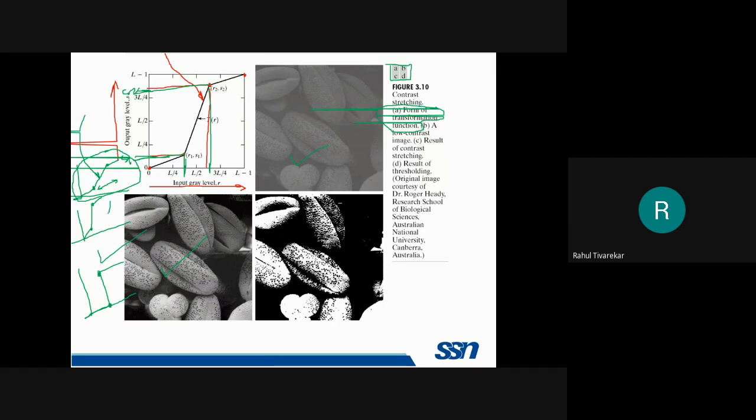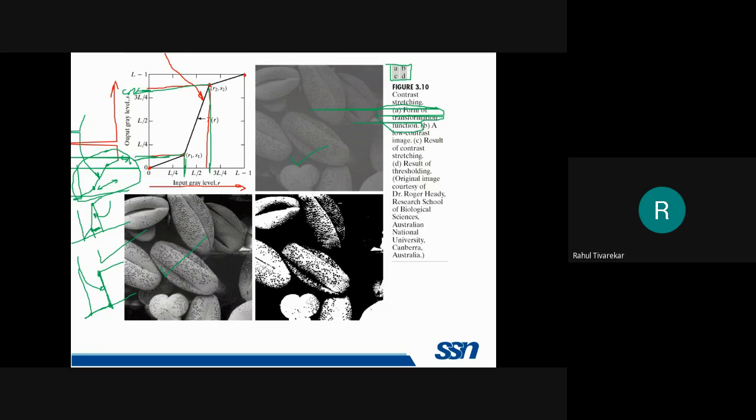If you see this other graph here, inclination is increased. You will get a more contrast stretching because point R1 S1 and point R2 S2 come close in the horizontal axis. And if you see this third image, R1 S1 and R2 S2 are on the same vertical line. That is, separation between R1 and R2 is very less. In this case, you will get the maximum possible contrast stretching, and we already know the name of this transformation, which is called thresholding.